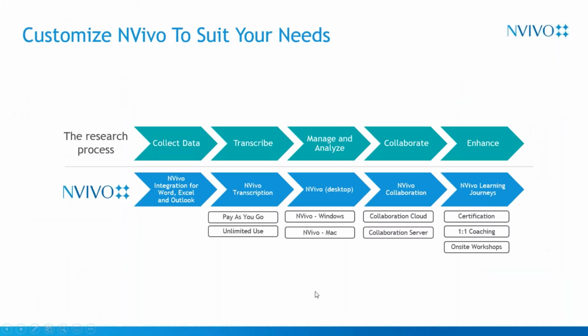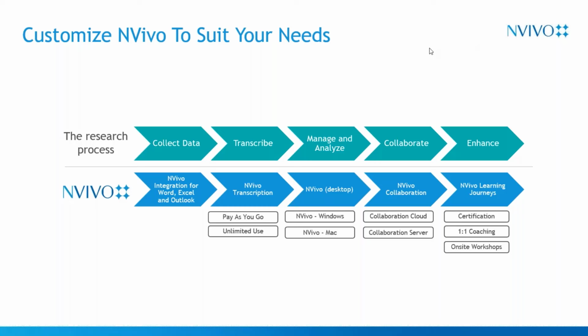And then these are just different ways NVivo products can help you throughout your research process. I don't know if Patrick, did you want to talk about this? Just the whole NVivo process, really.